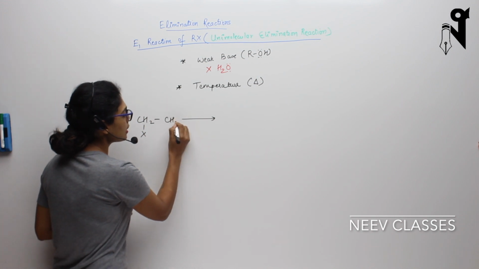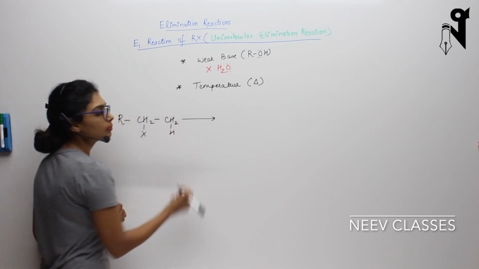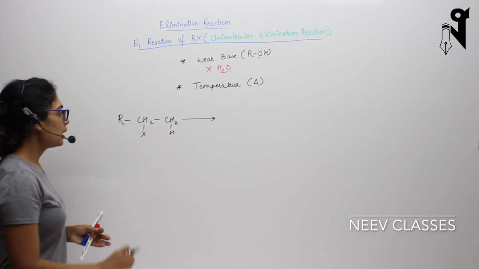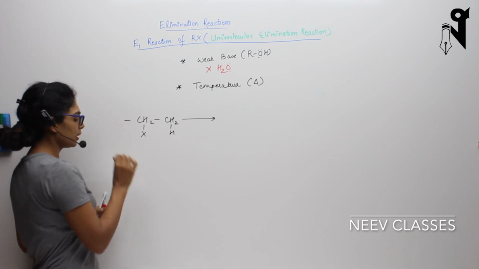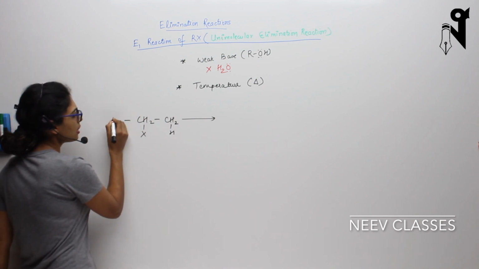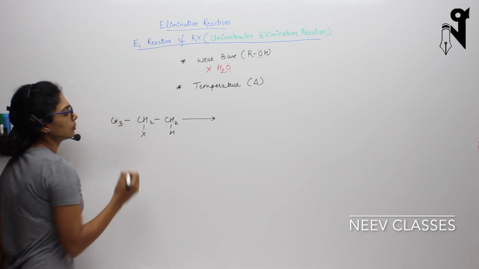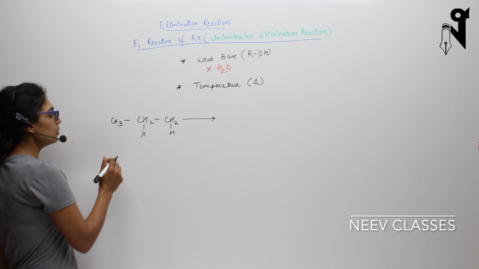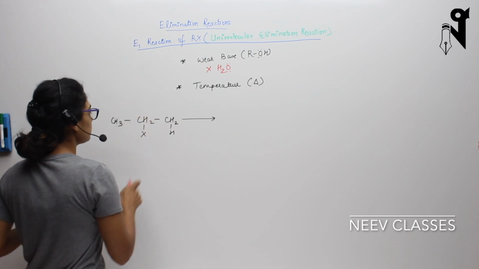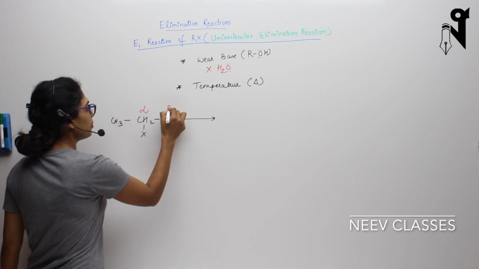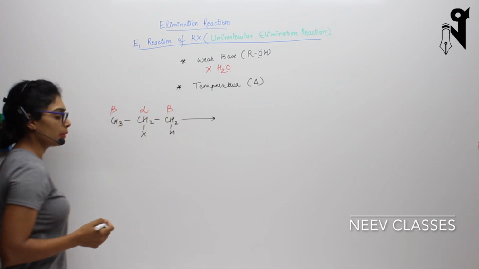To simplify the question a little bit, rather than taking R, let's take CH3. So this is my alpha carbon and this is my beta carbon and this is also my beta carbon.